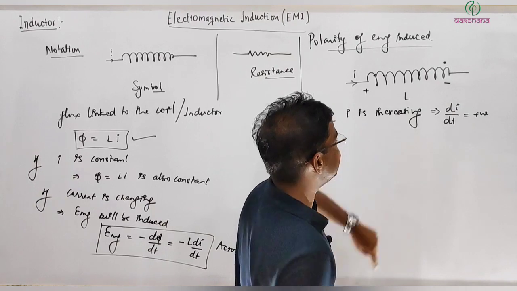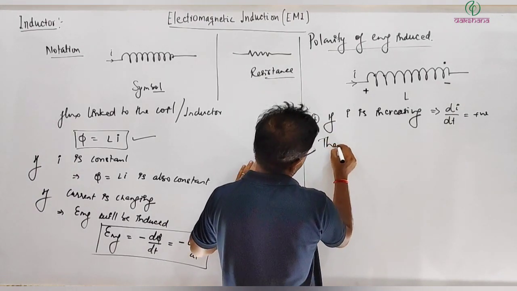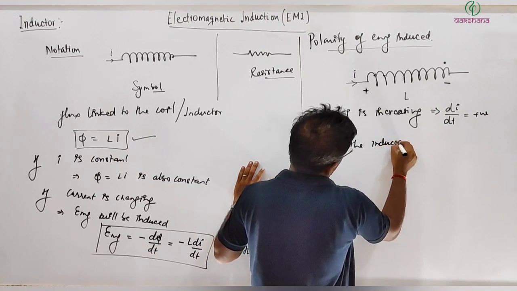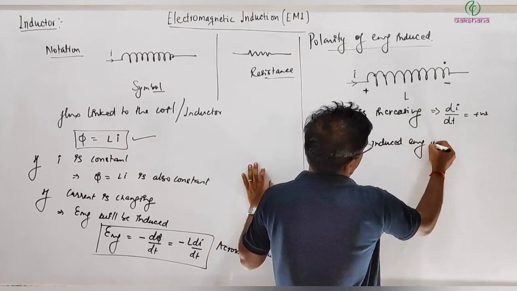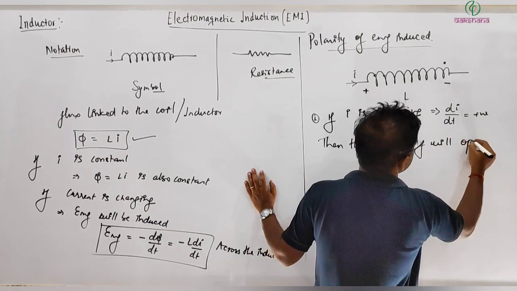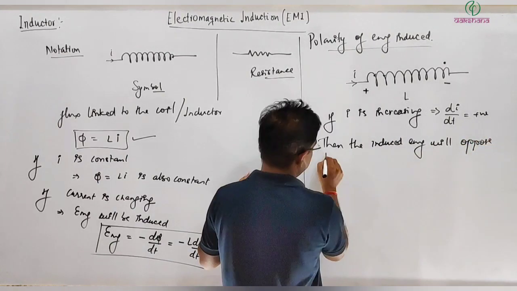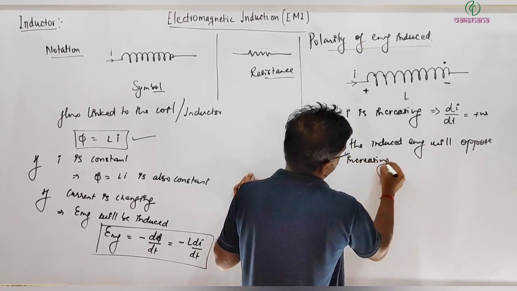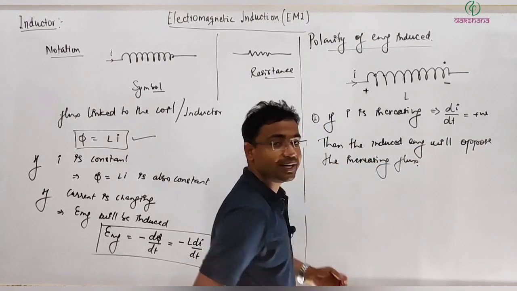So if I is increasing, then the induced EMF will oppose the increasing flux, right?